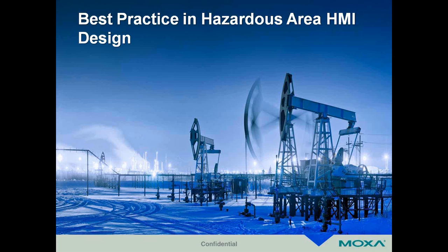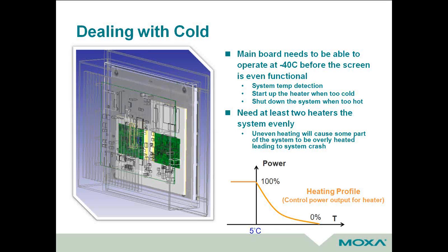So moving into that, we're going to go directly into the best practices to address those challenges of the market. Dealing with the cold temperature issue is something that's commonly addressed within heat, which we will also address later. But cold is a separate issue, specifically within industrial HMIs and PCs, simply because heating a unit is much more complicated than cooling a unit, especially for a unit that has a screen, an LCD at that.